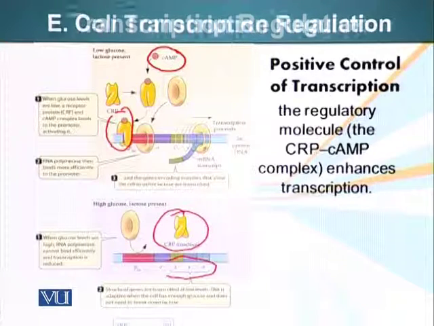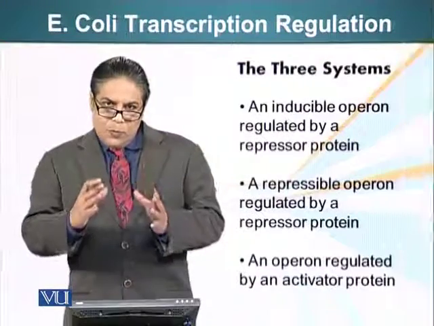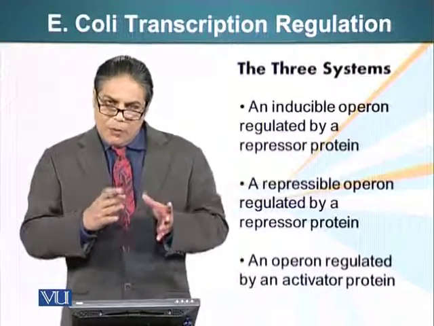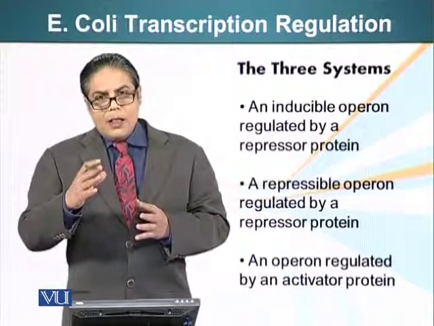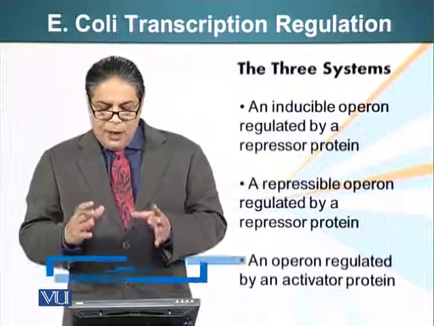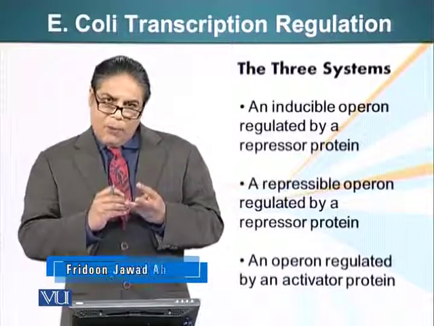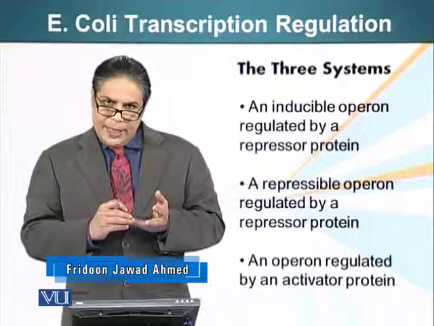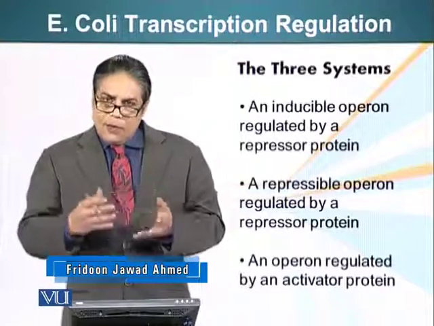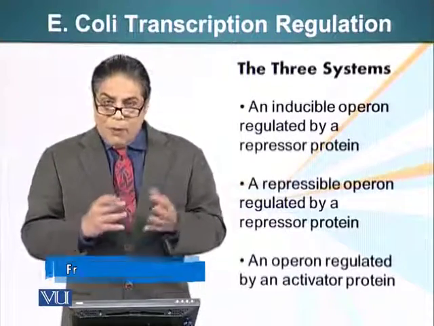So we have looked at 3 examples, 2 negative control examples and 1 positive control example. The 2 negative control examples were number 1, the lac operon with the inducer, the inducible system. The other was the repressible system, the trp operon.